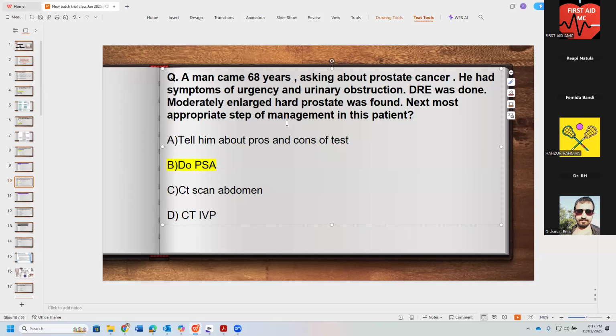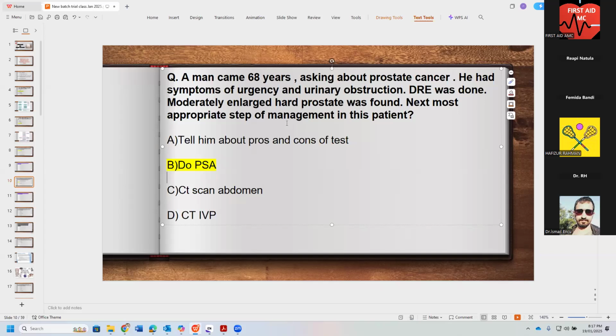Is it clear? They have not given you any imaging that we normally do for prostate, right? CT scan and CT IVP is not the imaging that we do for prostatic cancer, unless we have a high PSA, the patient has symptoms of cancer like weight loss, anemic looking, very severe lower urinary tract symptoms.